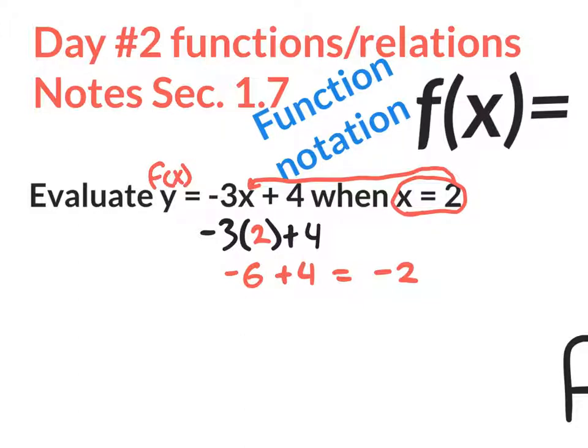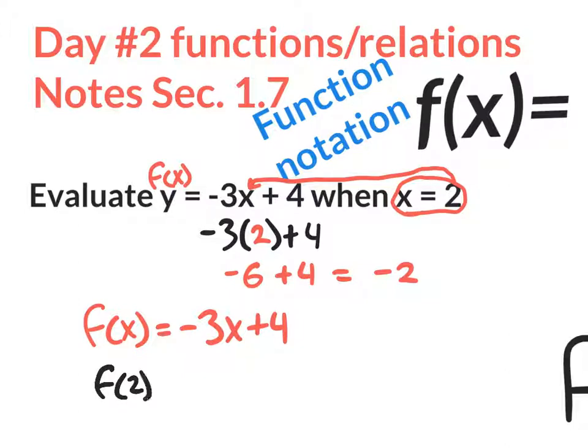So if I did have f of x equals negative 3x plus 4, instead of y equals negative 3x plus 4, if they gave me that, then I know that this is the function f of x, and all they have to do to instruct me to do this is write this, f parenthesis 2. That's saying f of 2, okay?